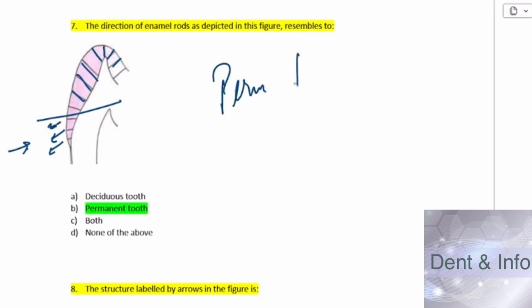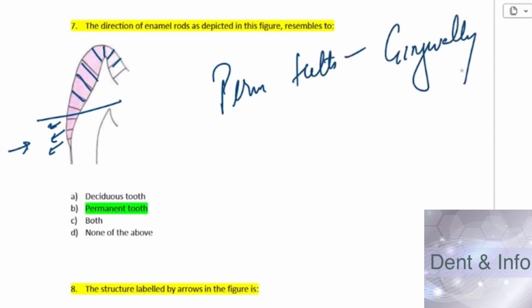In permanent teeth, they are going gingivally or cervically. None of them are horizontal here, though it is approaching horizontal, but look at the ones in the cervical third where you will see maximum difference.